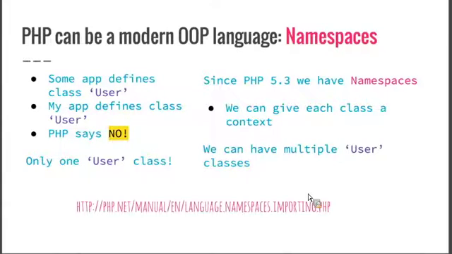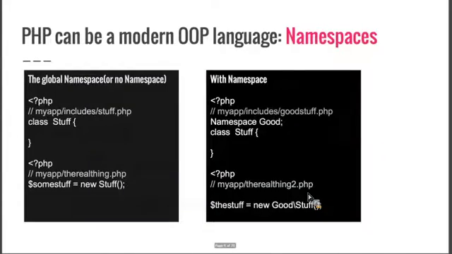Well, since PHP 5.3 we have something named namespaces, and namespaces allow us to give each class or group of classes a context. Basically, using namespaces, we can have multiple user classes, each one inside a context, and that leads to a lot of benefits. You can search on the PHP.net site, and there's a lot about that.